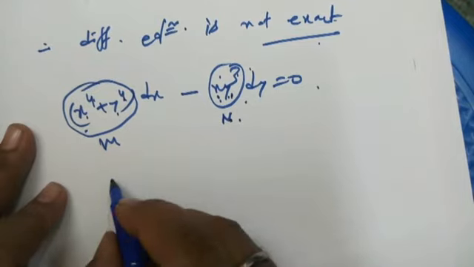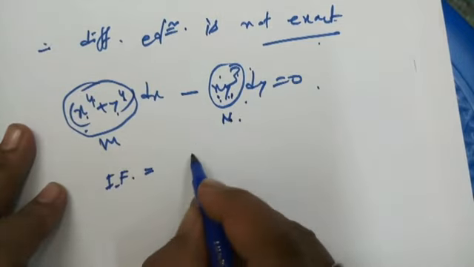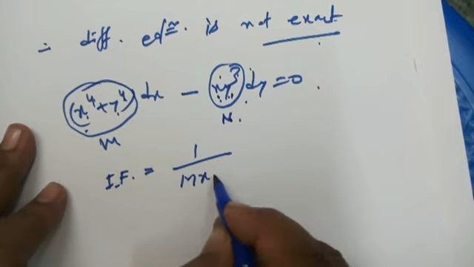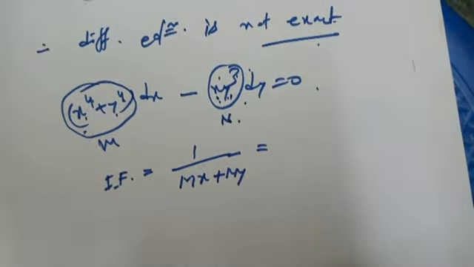So using rule number 1, the integrating factor is 1 upon Mx plus Ny.